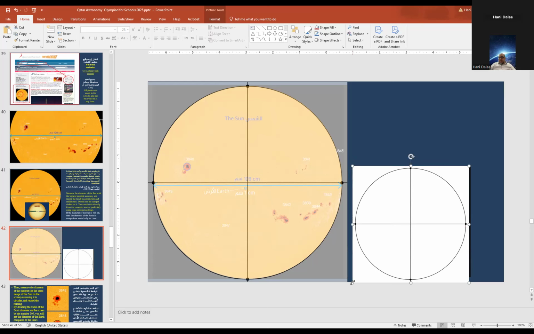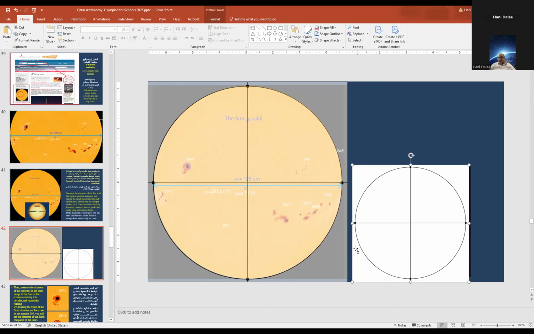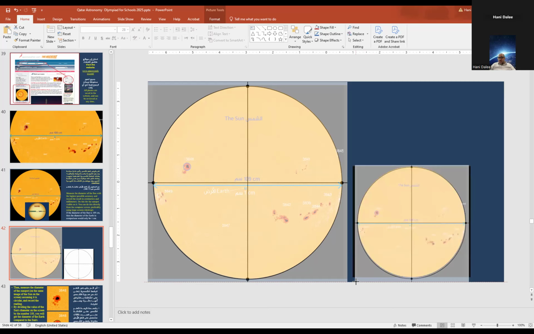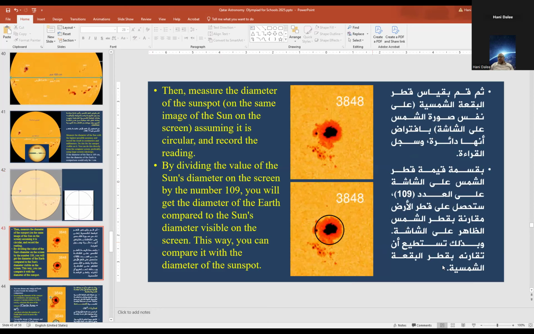See this grid when I hold it from the corner, it will be transparent, and when it's transparent, I can see where the exact diameter is. So look, my blue line is below. I found it below. So you have to determine exact positions for measuring the diameter.